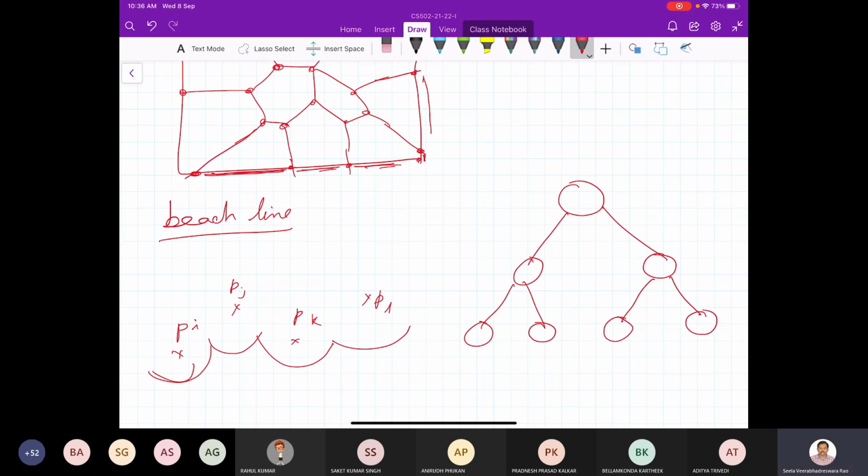Here also, at the leaf nodes we will store these sites, which correspond to the parabolas.